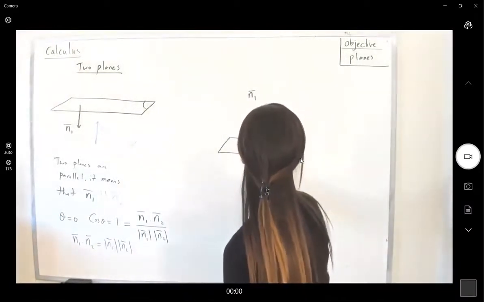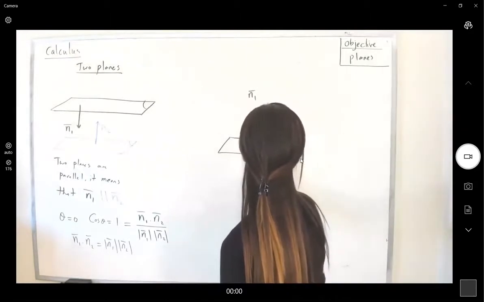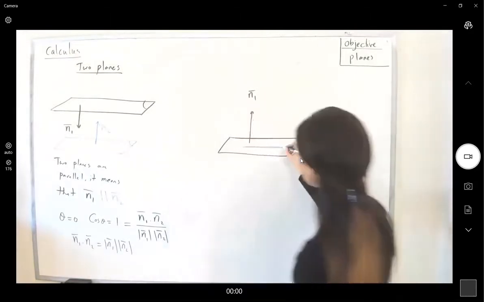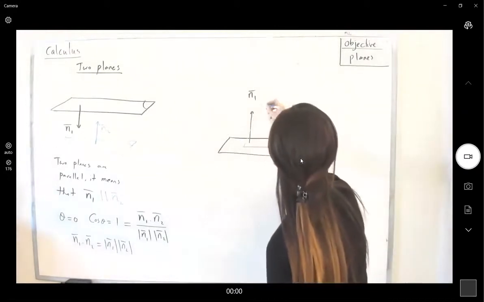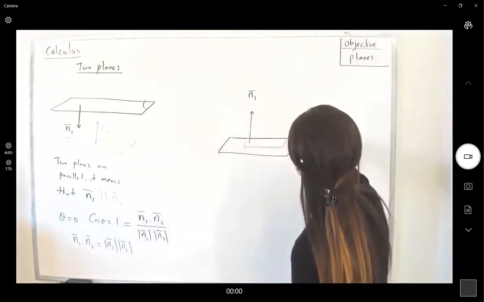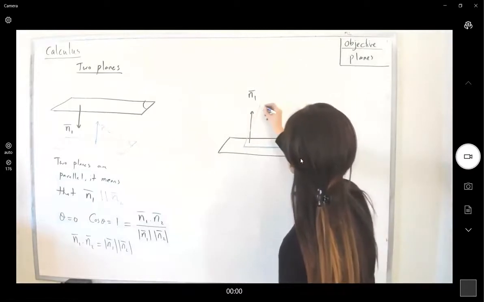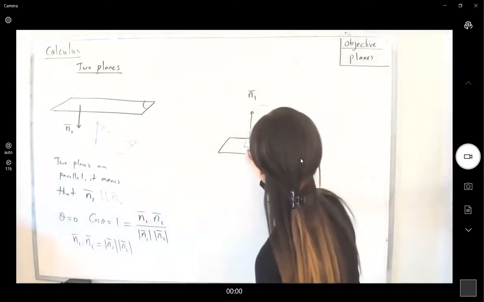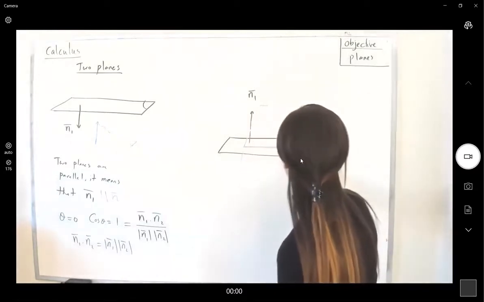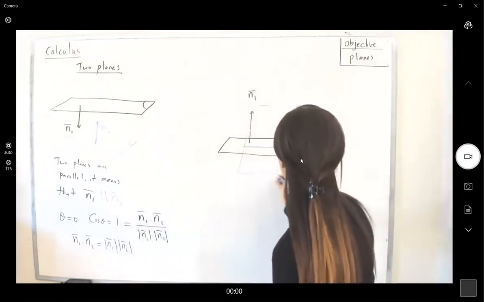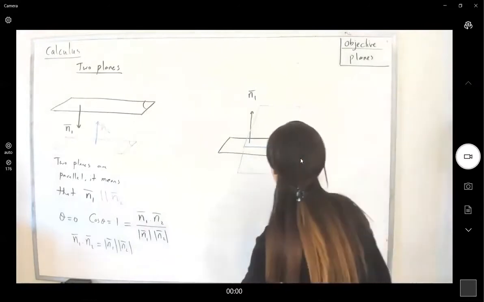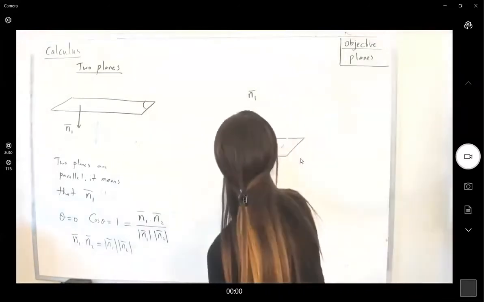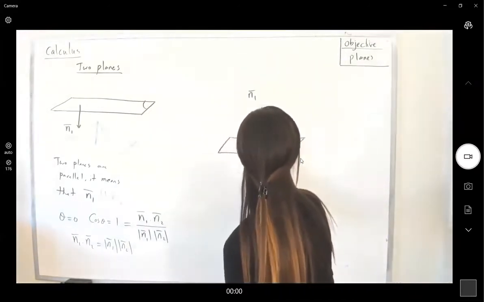Let me just have this one here. Very nice plane. So the normal vector for this plane, they're crossing each other at a line.